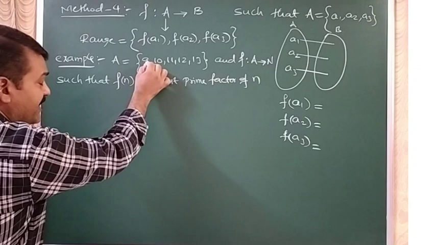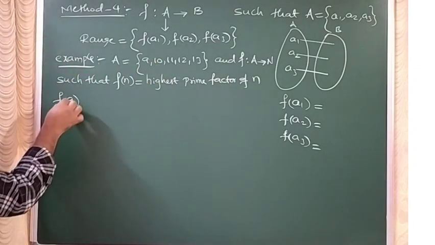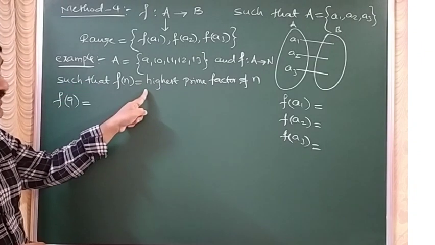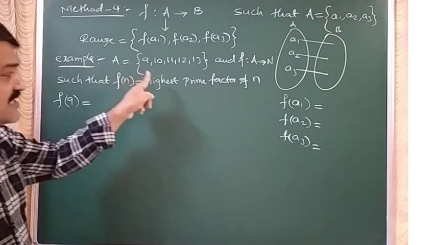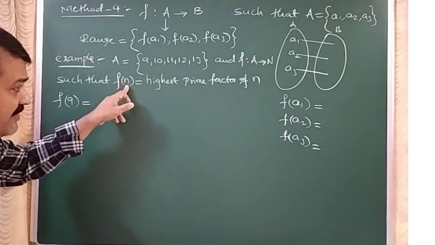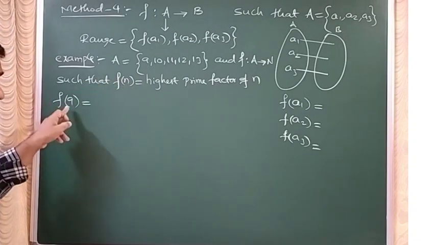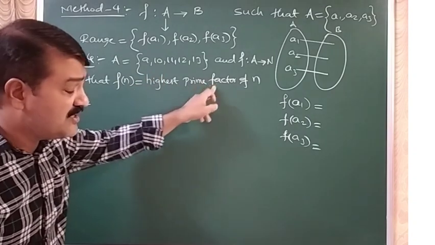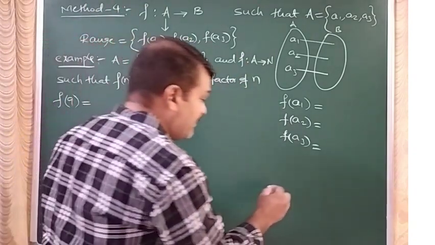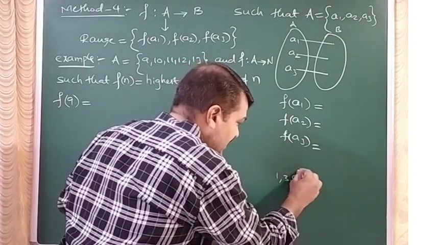Let us find the image of 9 first. So image of 9 is what? F of 9, use this rule. F of n is the highest prime factor of n. So f of 9 means the highest prime factor of 9, since in place of n we have 9. What are the factors of 9? 1, 3, 9.